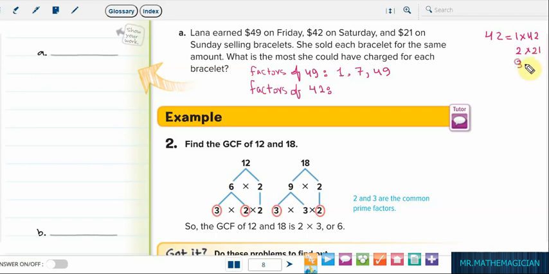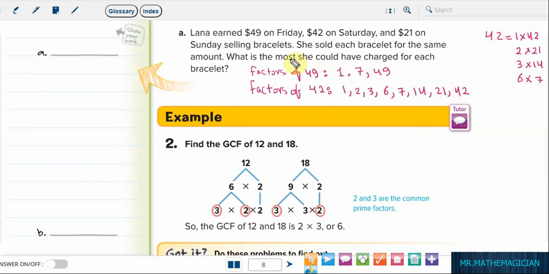We have 3 times 14. 4 times nothing. 5 times nothing, 6 times 7, and that's it. So we can list the factors of 42 in order as 1, 2, 3, 6, 7, 14, 21, 42.